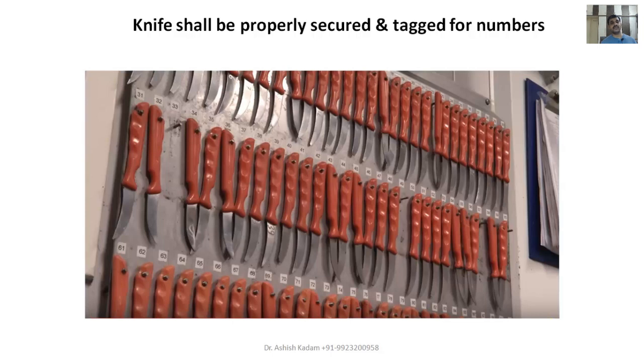The knives which are required for harvesting, to remove the buttons from the stems, are properly secured and properly tagged, and then you can have proper washing and proper sterilization of them, because you are handling food and sterilization is a very important aspect. And now even the consumers are paying more attention and getting more educated about the quality of the mushrooms they want to consume.